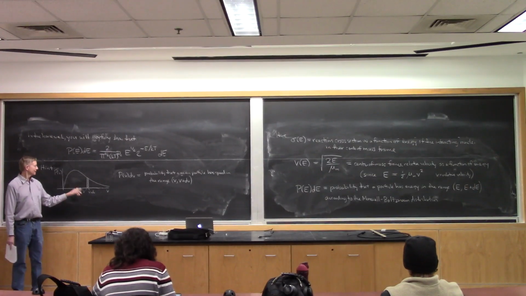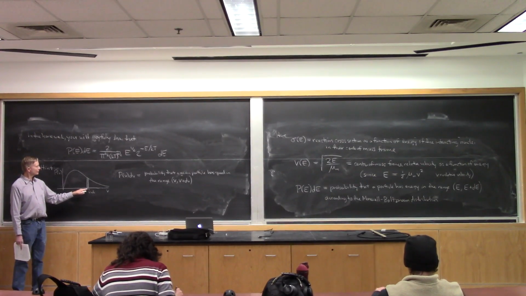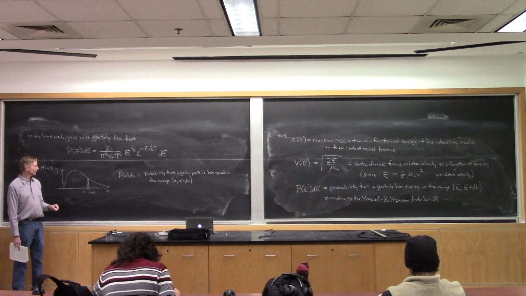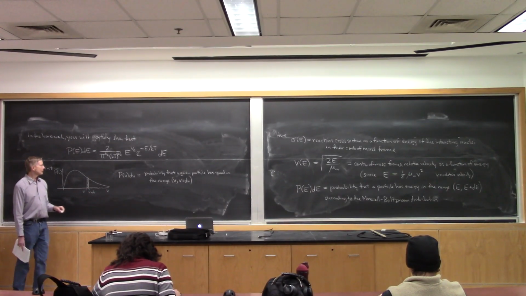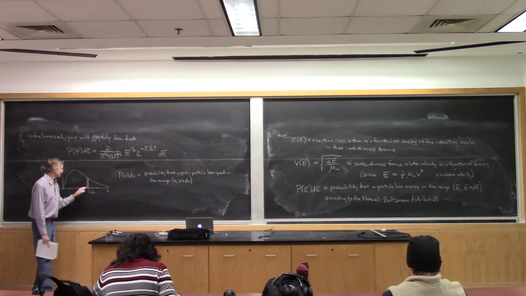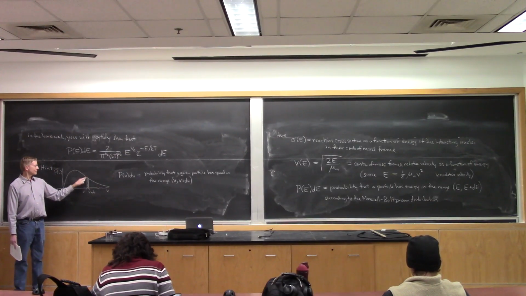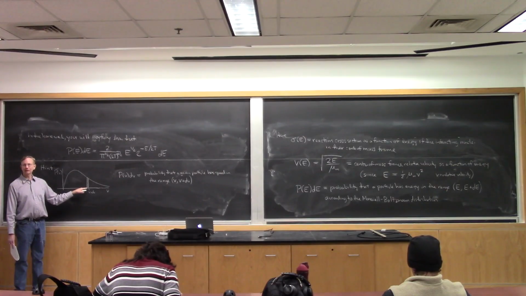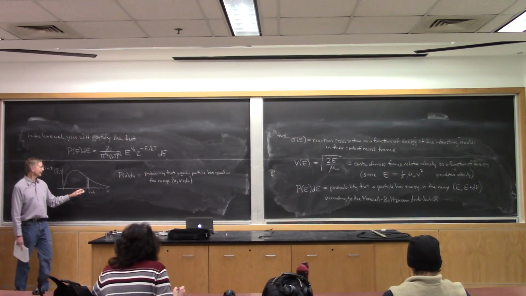I don't care. I think you know what I mean. So here's some value of V, here's a value a little bit dV larger, and so P of V dV is essentially the area of this little rectangle right here, or parallelogram, or whatever you want to call it, right?